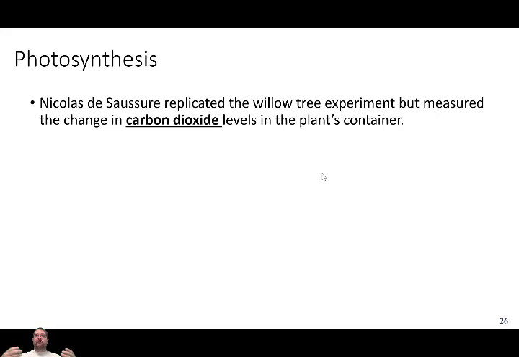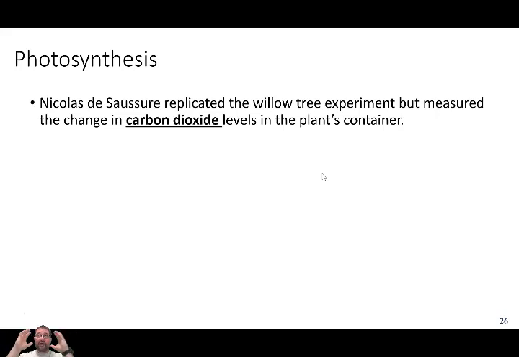So that original willow experiment by Jan Baptist van Helmont was replicated hundreds of years later, after individuals started realizing, whoa, we're starting to build knowledge about this system, this pathway called photosynthesis.